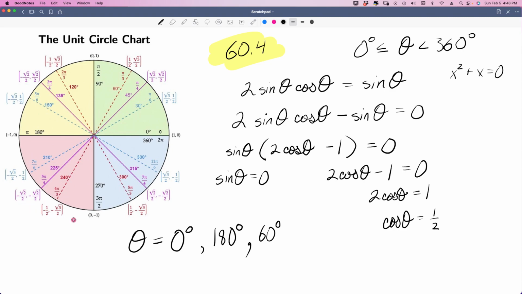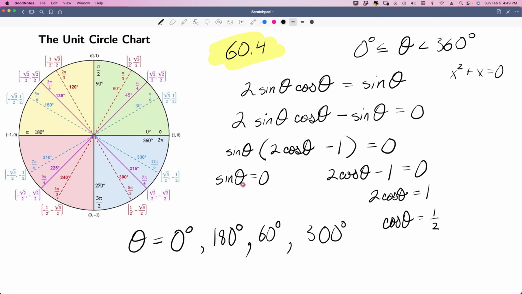Continuing around, now we have a positive 1/2 at 300 degrees. So the other and final solution for theta is 300 degrees, because if we continue looking, we do not find another cosine equal to a positive 1/2. So this would be our solution set for theta for this problem.